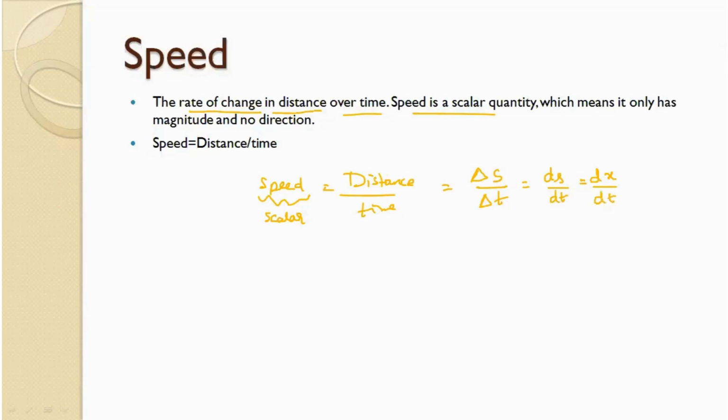So it represents the change in distance. If we have to define the average speed, it is equal to the total distance divided by total time. This would give you speed. Always remember, it doesn't have any direction, it has only magnitude.